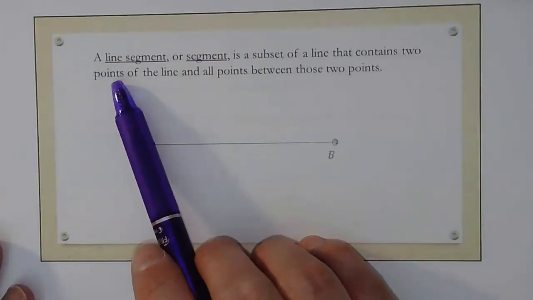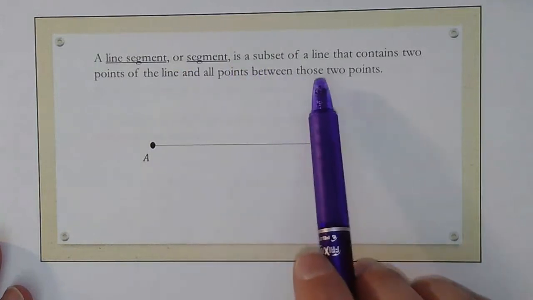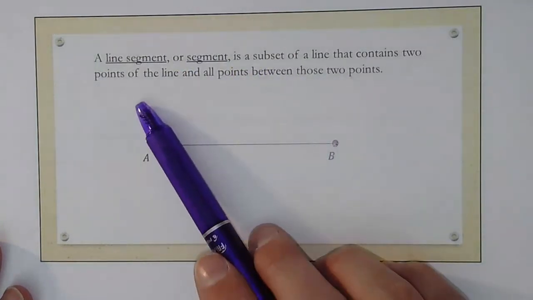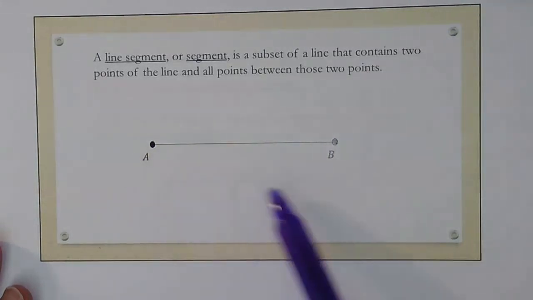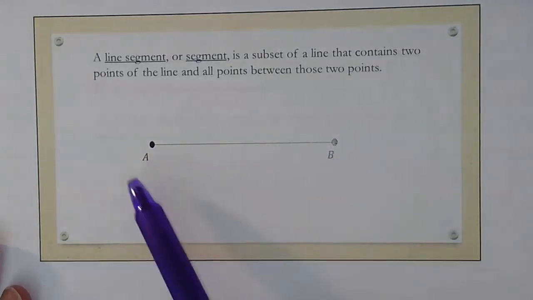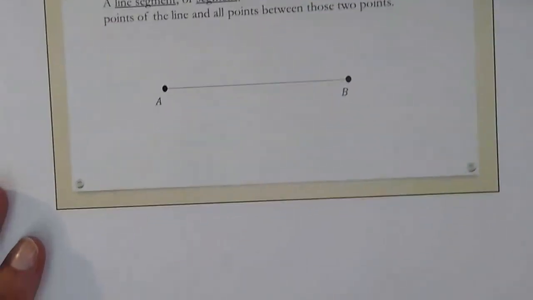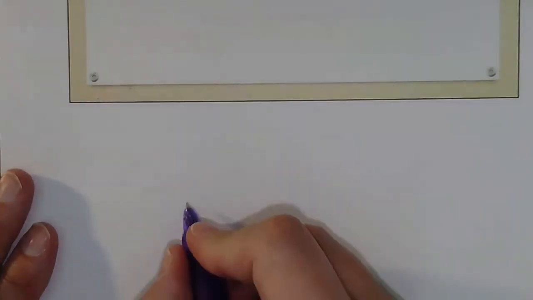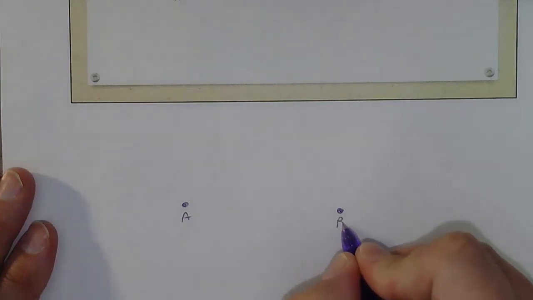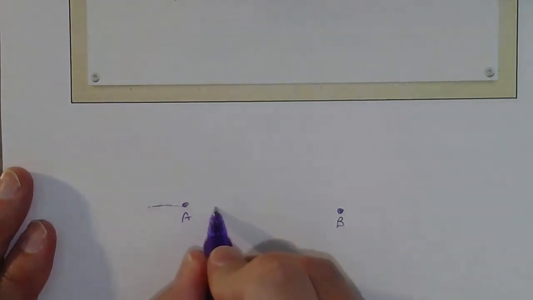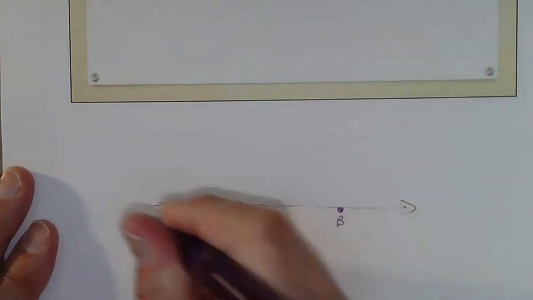Now, a line segment is a subset of a line that contains 2 points. But here's the thing, it has ending places. Notice I don't have the arrows anymore. So line AB, and my pen's not wanting to write very well, and I cannot draw a straight line.